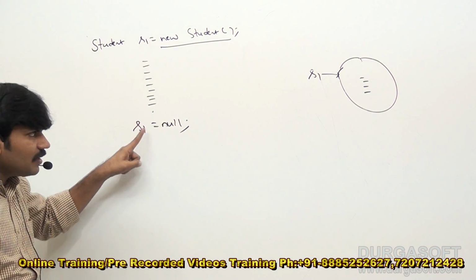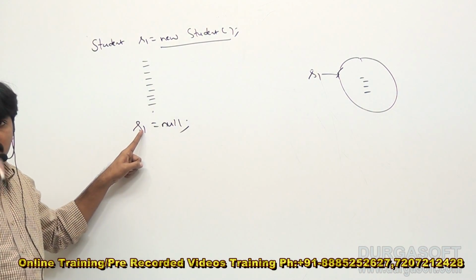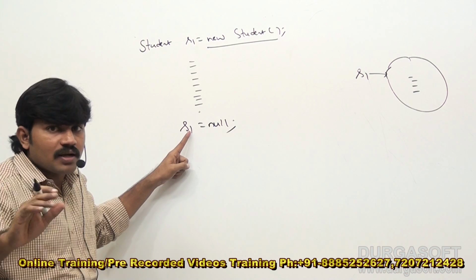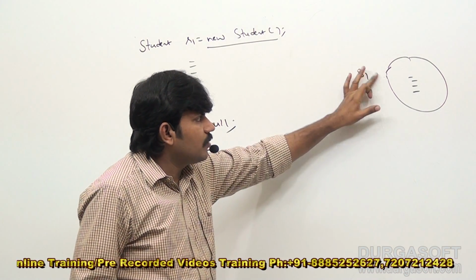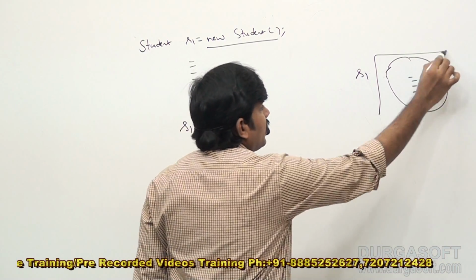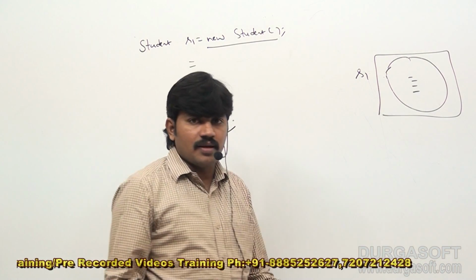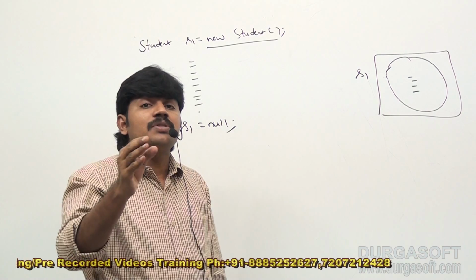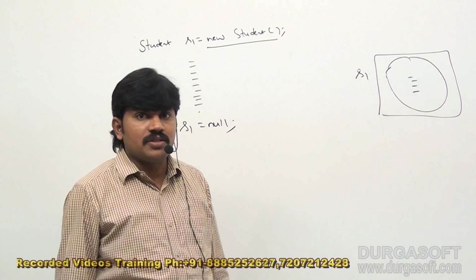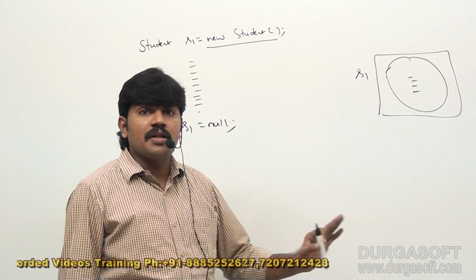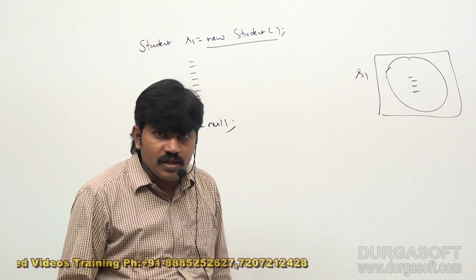Now s1 no longer points to an object, so this object is eligible for garbage collection. Yes. So we can use null especially to make objects eligible for garbage collection. Clear for all of you, right?